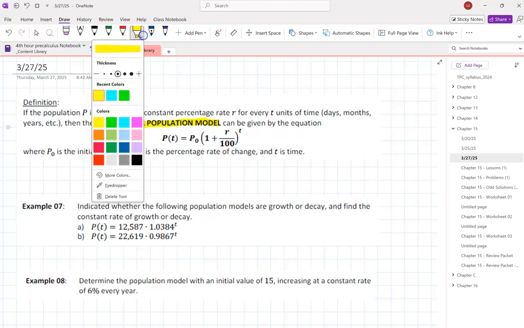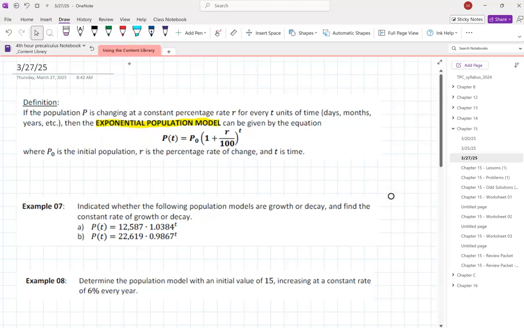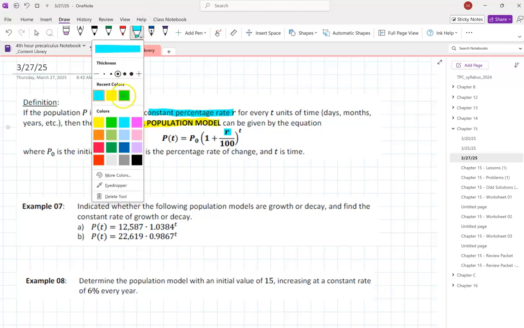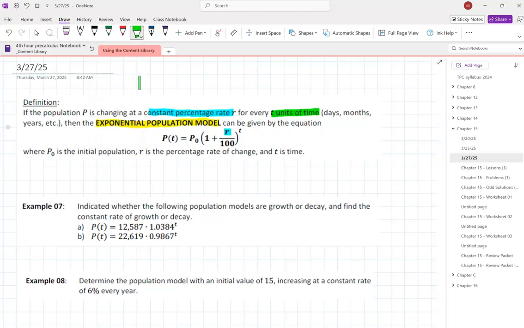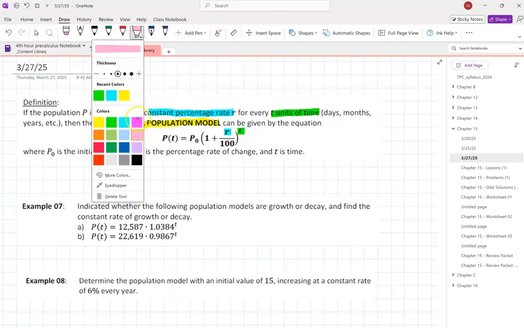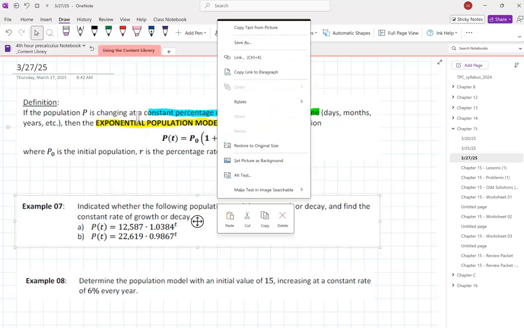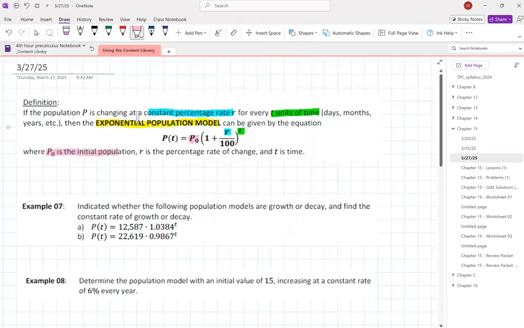So our population model says that our P is changing at a constant percentage rate R for every T units of time, and then the model can be given by the equation, where the P naught is that initial population.